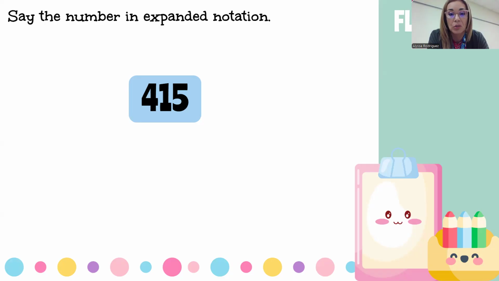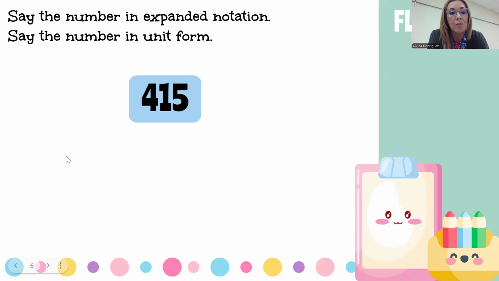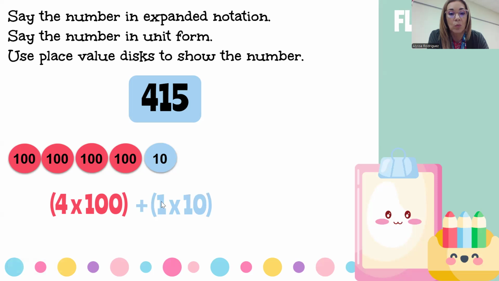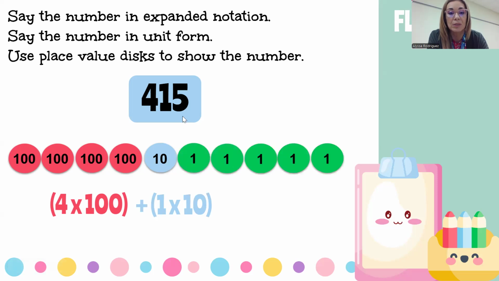In 3, 2, 1. Okay, we have our 400, 100, 200, 300, 400. That's how you write it in expanded notation. Then we have 110, and then in our ones place, we have a 5. 1, 2, 3, 4, 5. So we put 5 times 1. That is our expanded notation.